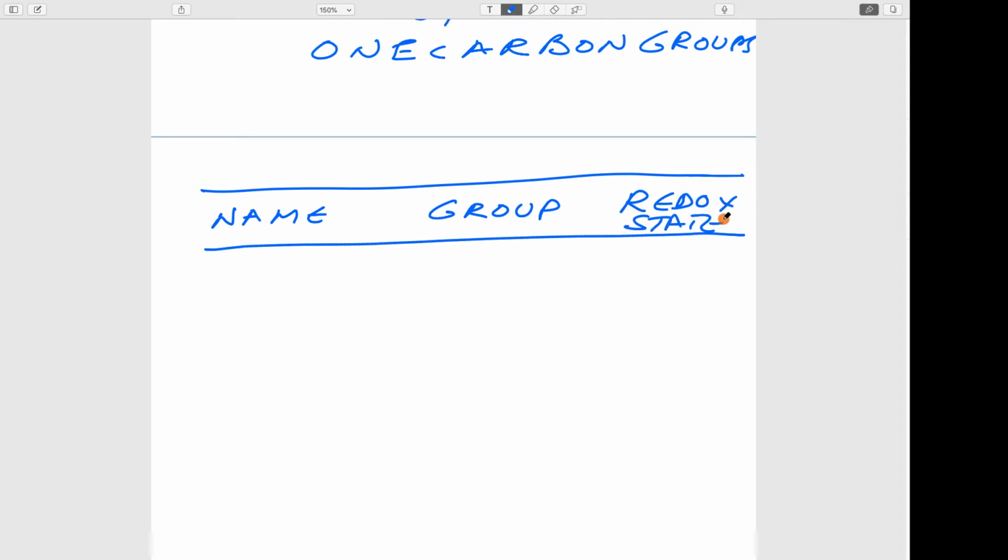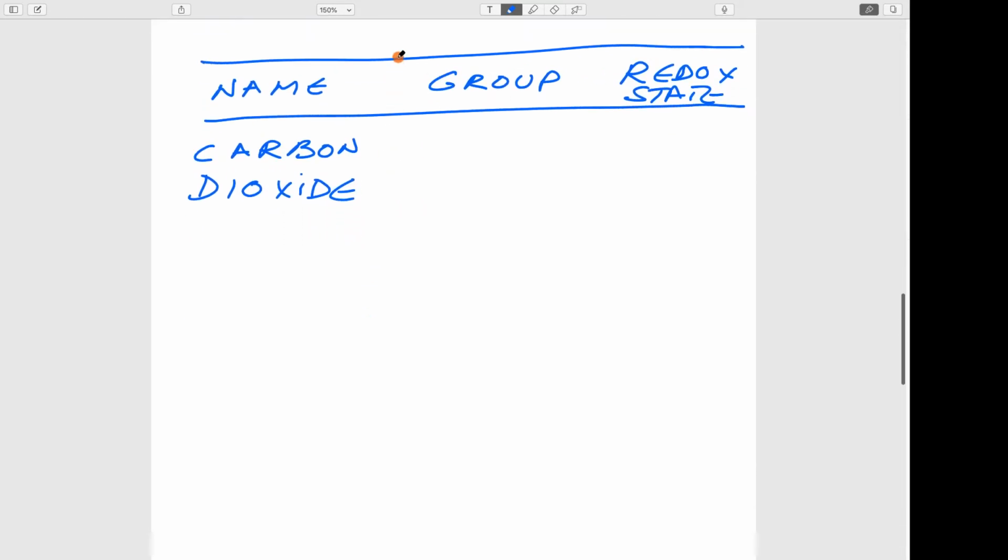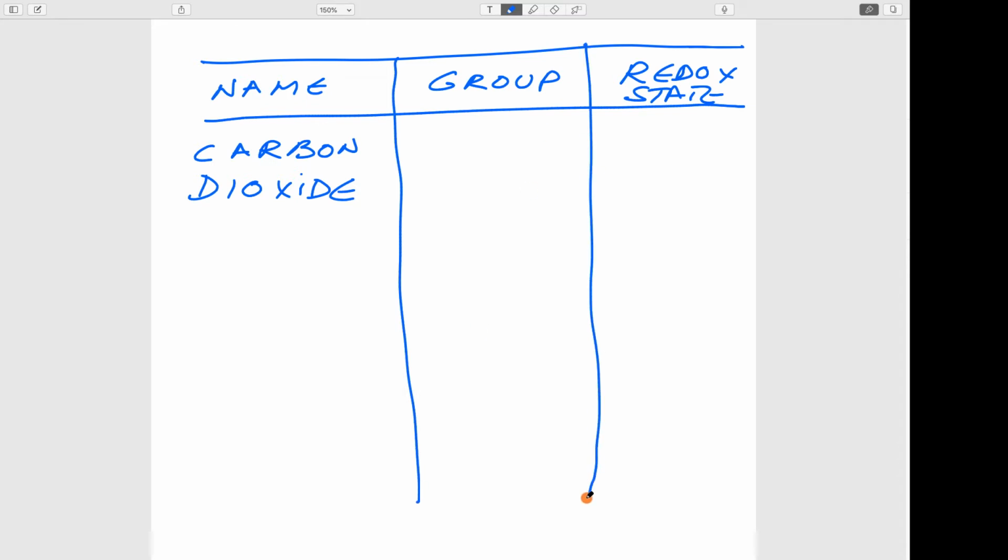The first one I will take is carbon dioxide, CO2, which is the most oxidized. The second one is the formyl group, which can be represented as CHO.